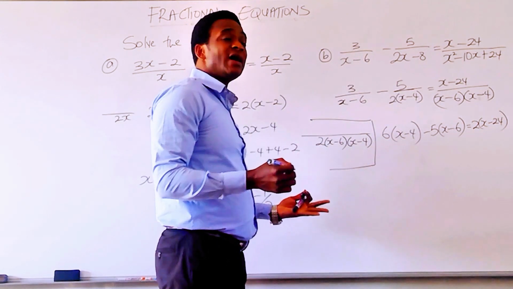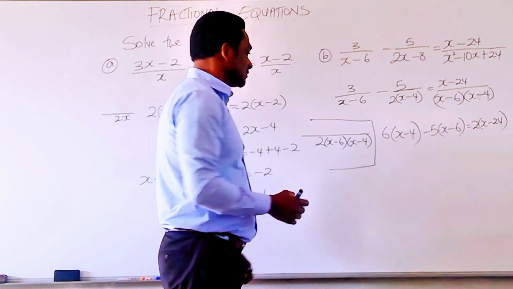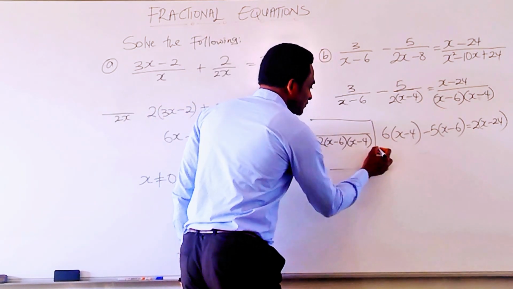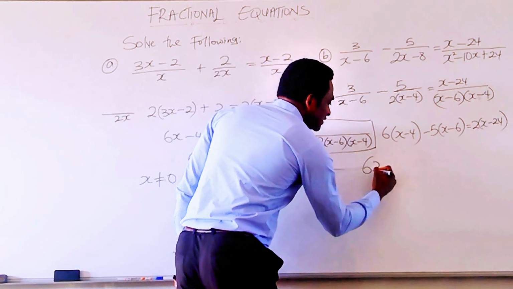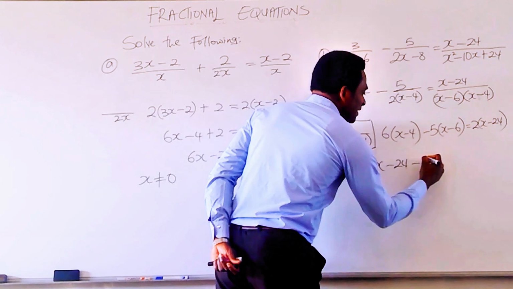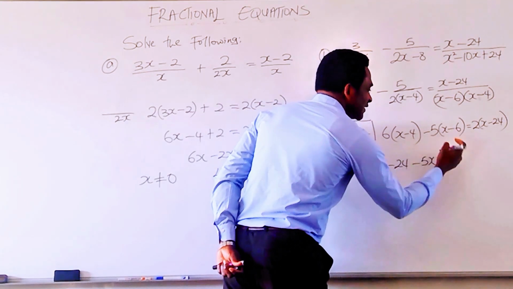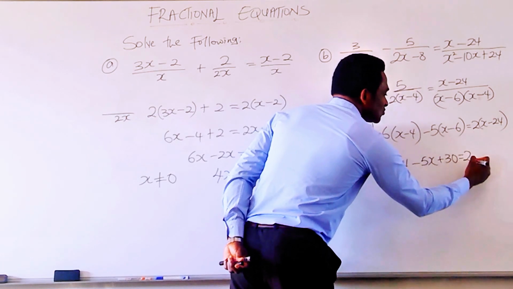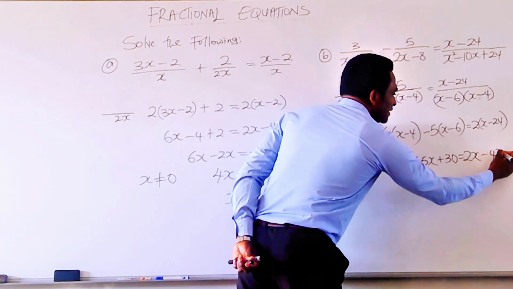Now let's simplify and collect items. This will give us 6x. So we have 6x minus 24 minus 5x, minus 5 times minus 6 is plus 30, equals 2x minus 48.